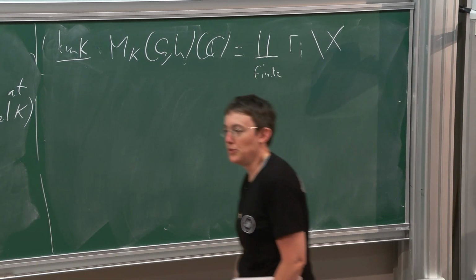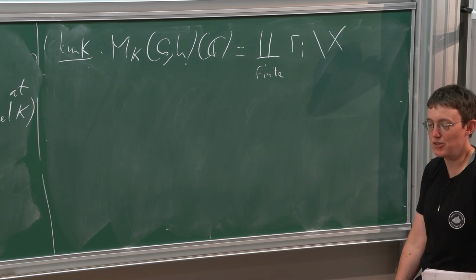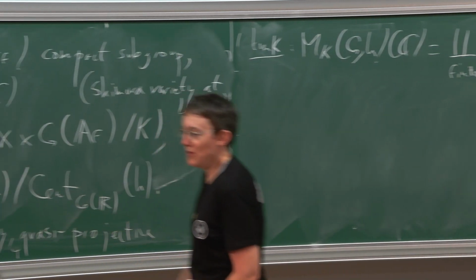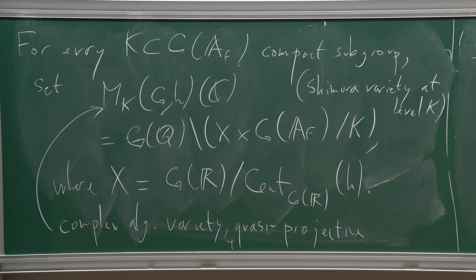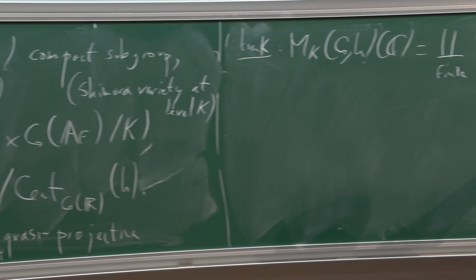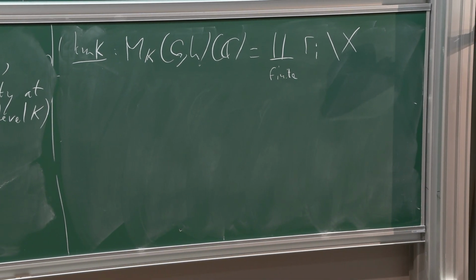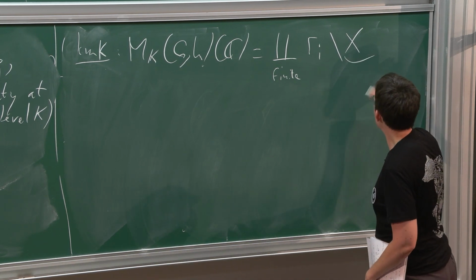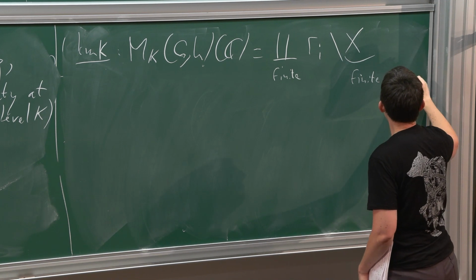All the connected components are like symmetric spaces for groups related to G, like maybe the adjoint group of G or something like that. The H will cook you up a U that satisfies the conditions of last time. And so basically these are all finite disjoint unions of Hermitian symmetric domains. And so we can apply the results from last time.